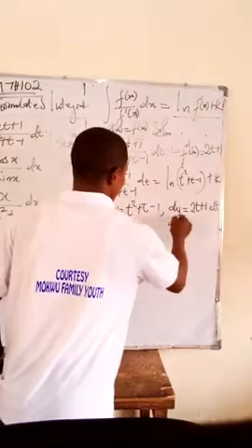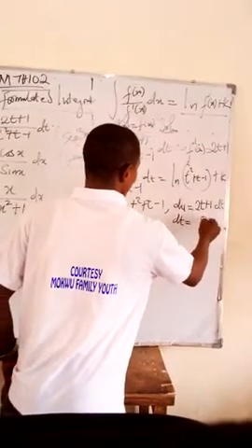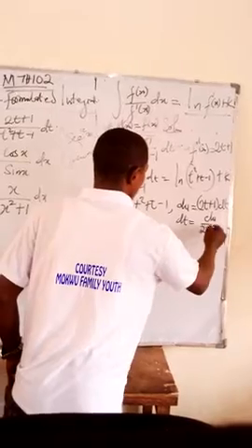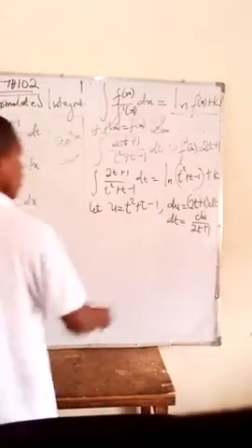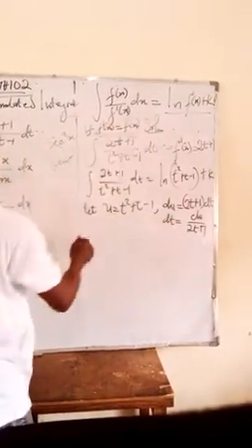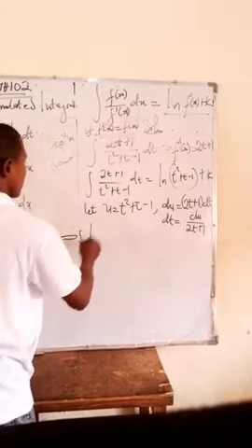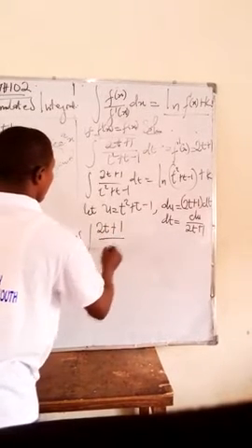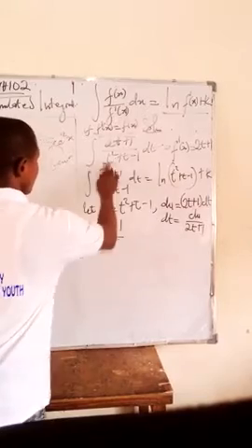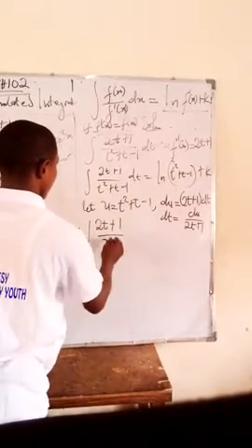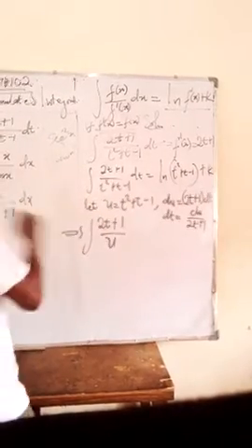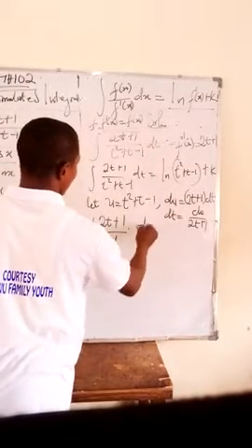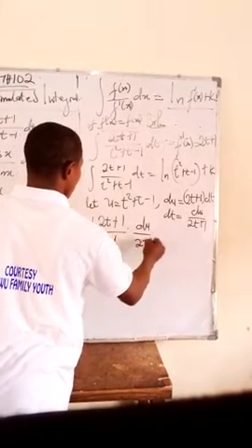So I can make my dt equal to du over 2t plus 1. Substitute this into this very function. You have the integral of 2t plus 1 over u, and my dt becomes du over 2t plus 1.